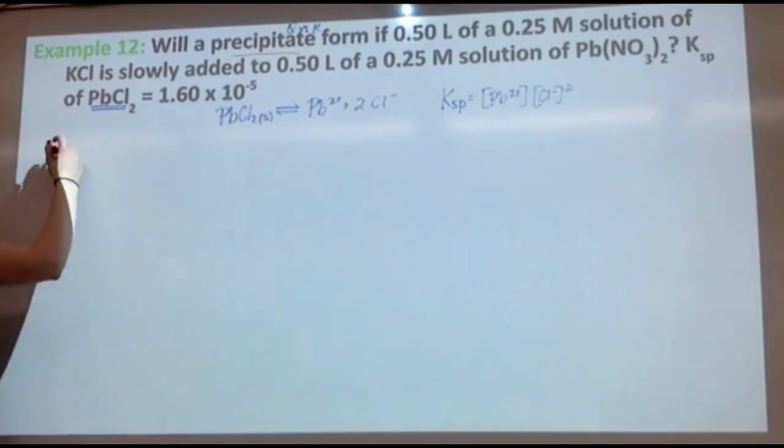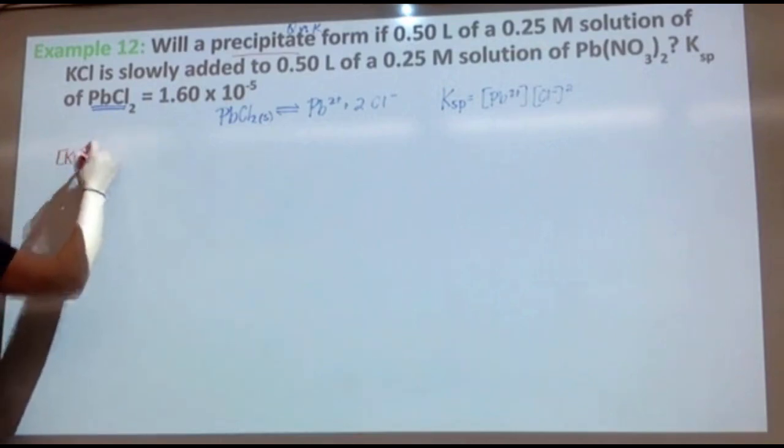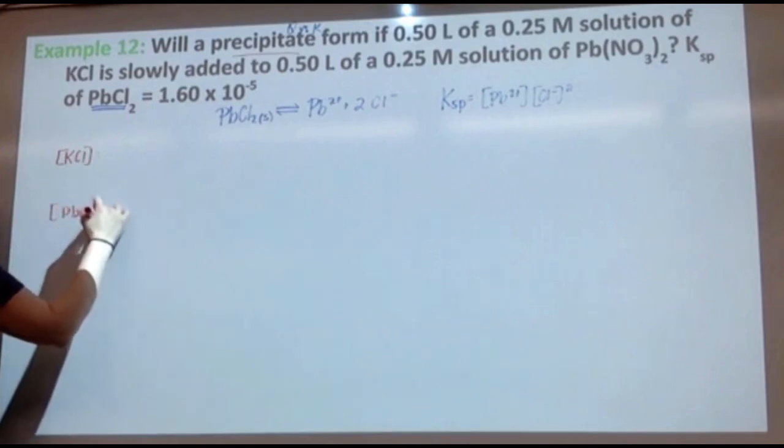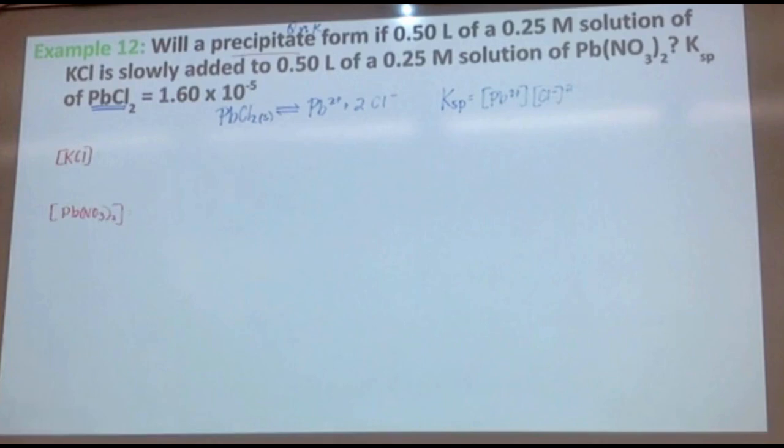So I need to figure out what is the new concentration of KCl and what is the new concentration of Pb(NO3)2. The reason I need to figure out these new concentrations is because we are diluting these solutions. We are mixing them together.